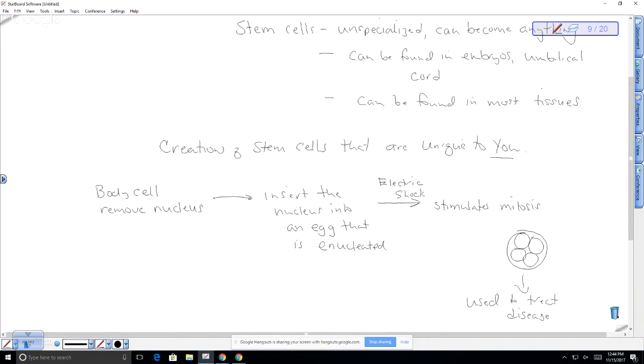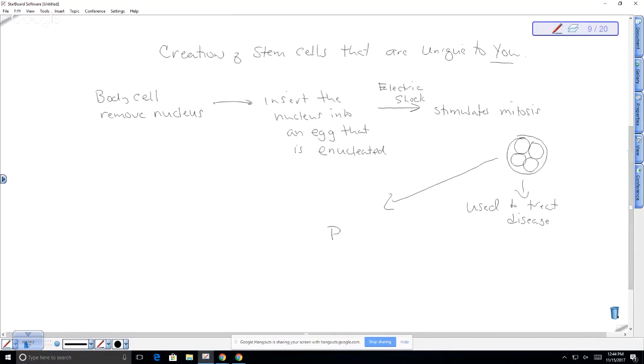Okay, this is actually the same mechanism that we would use to do reproductive cloning. So instead of using it to treat disease, let's say we took this embryo, right, and we put it into a female's reproductive tract. So we put it into the uterus, right?